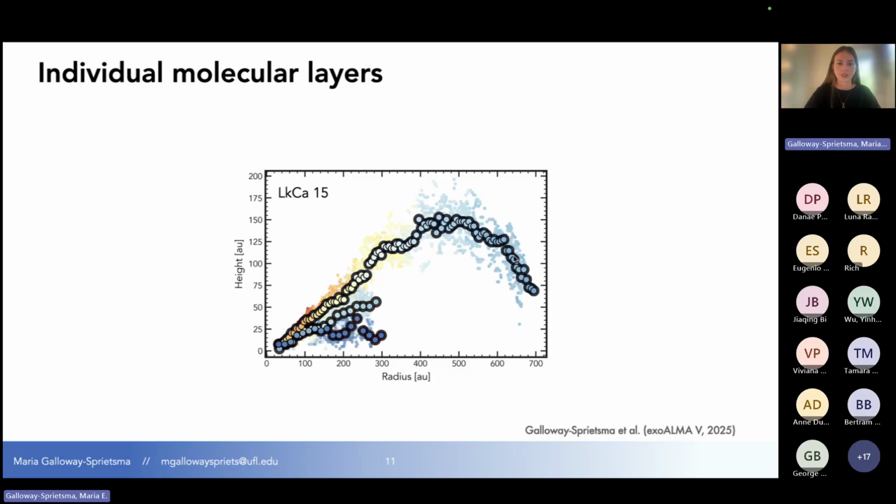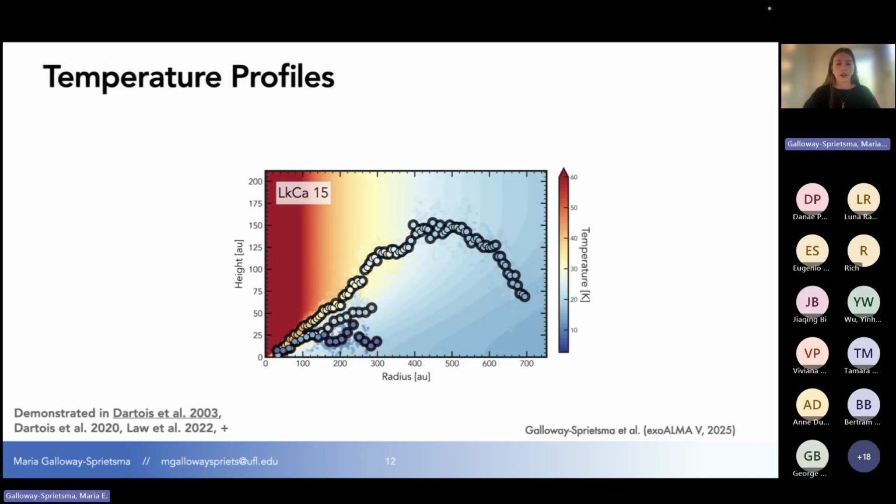So in this disk in particular, you can see these molecular layers are fairly clearly defined, and as we expect, the temperature varies vertically and radially. So this means that we can actually calculate a 2D temperature profile, which gives us a sense of how the temperature varies throughout the disk.